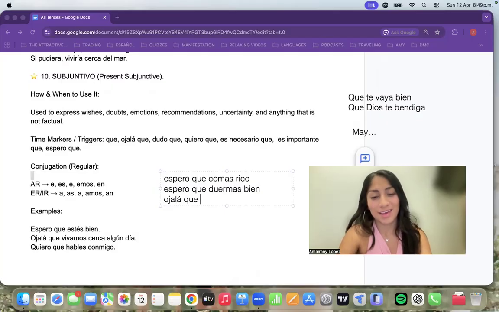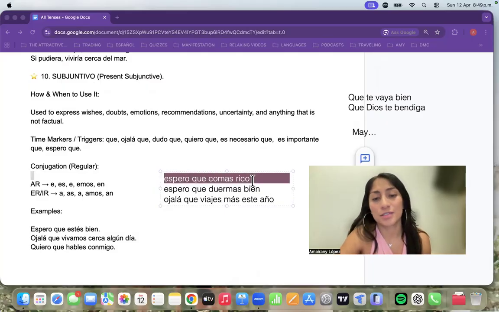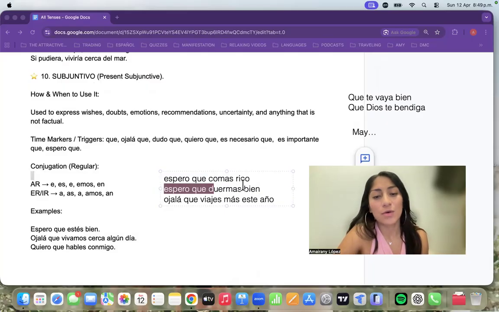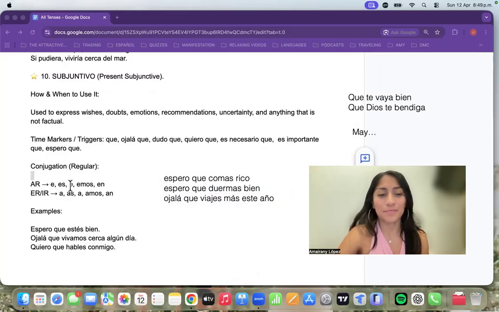"Ojalá que viajes más este año." I hope, or hopefully, you travel more this year. So again, all of these ones are wishes.